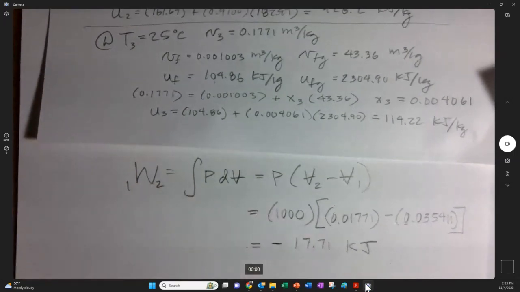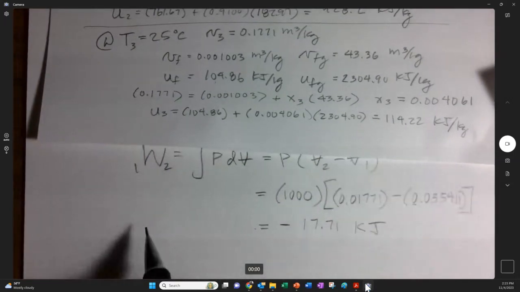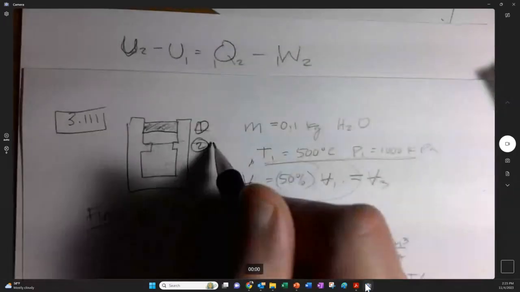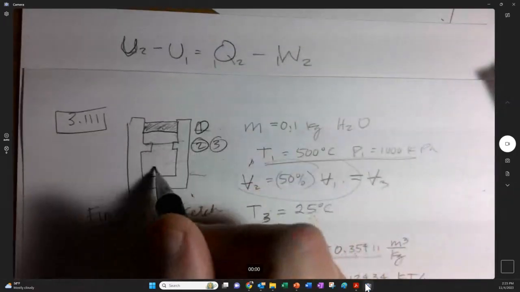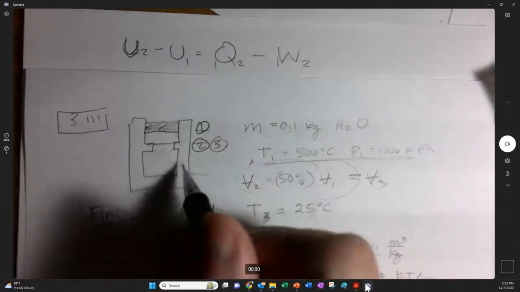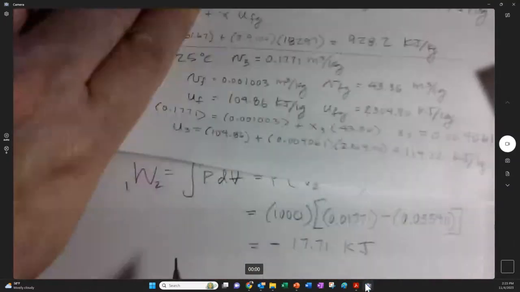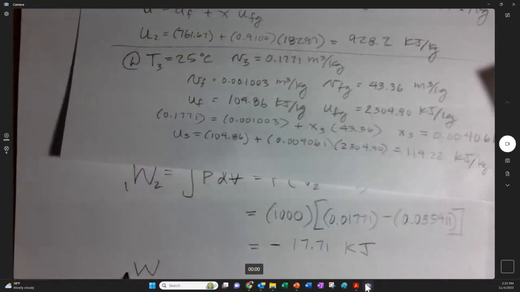And then the next part, between 2 and 3: 2 and 3 happen at the same spot, but there's no change in volume. The work between 2 and 3 is equal to 0.